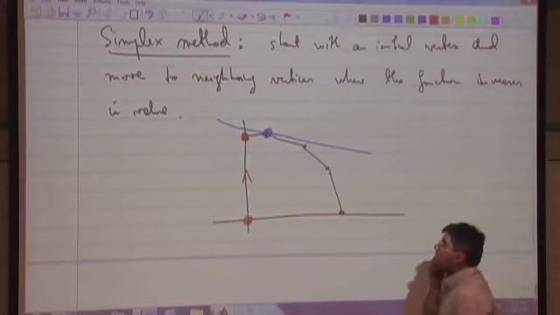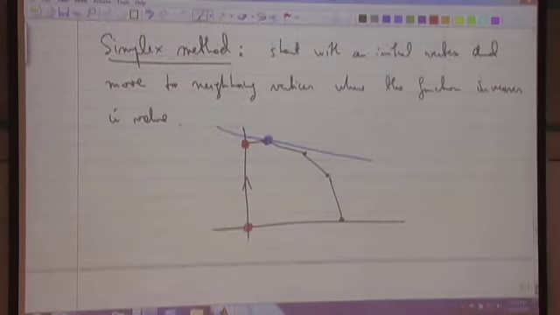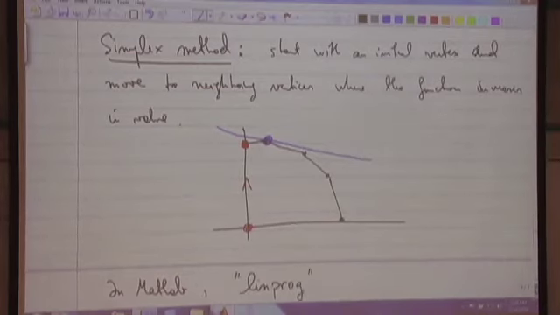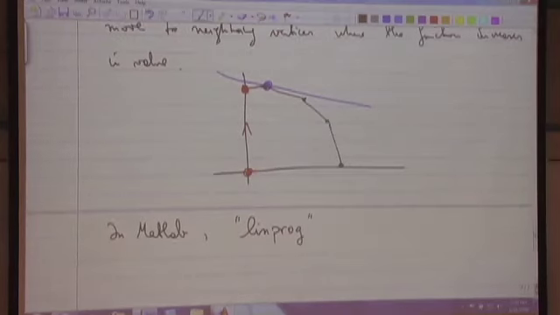MATLAB has an implementation of the simplex method called linprog. So in MATLAB, this is the command linprog, from linear programming. The command is available as long as you have the Optimization Toolbox.